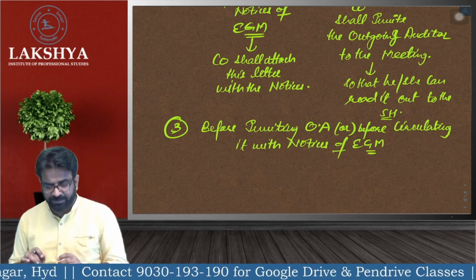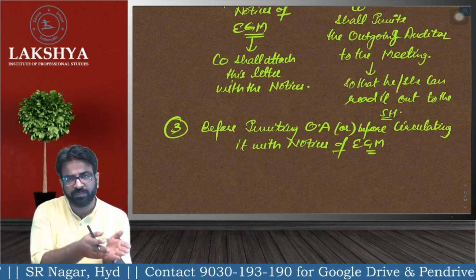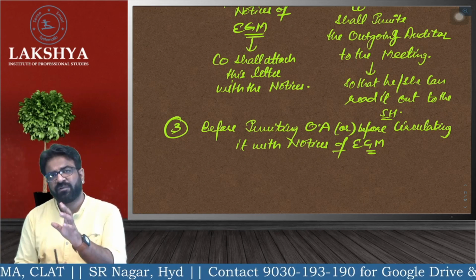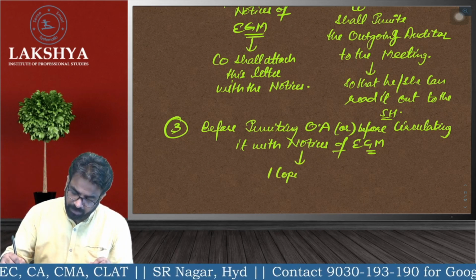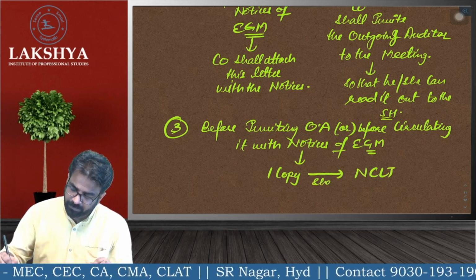Before inviting the outgoing auditor for the meeting or before circulating it with the notices of an EGM, what does the company have to do? One copy shall be sent to NCLT.